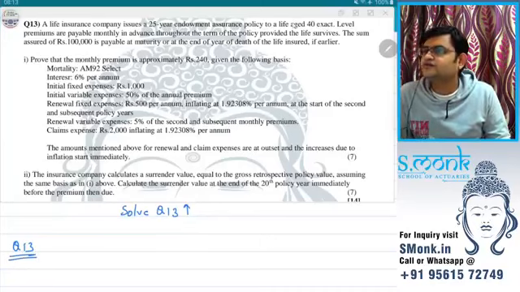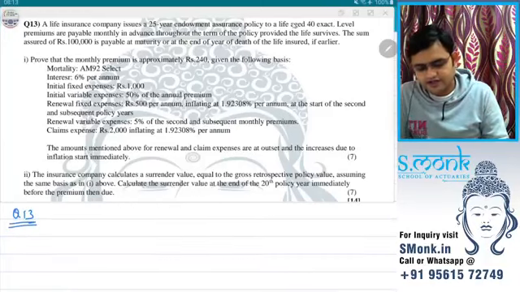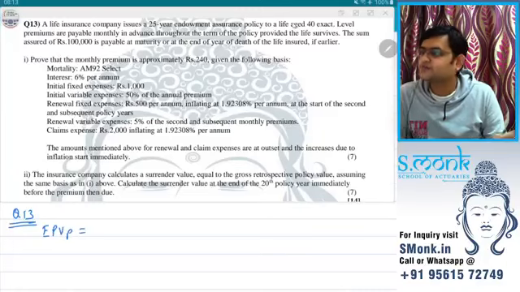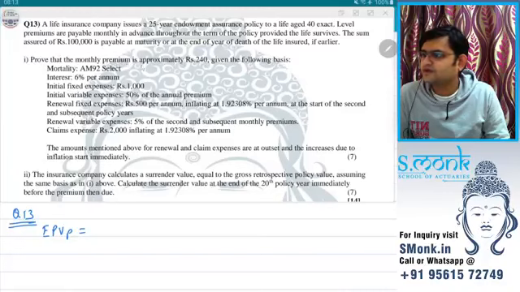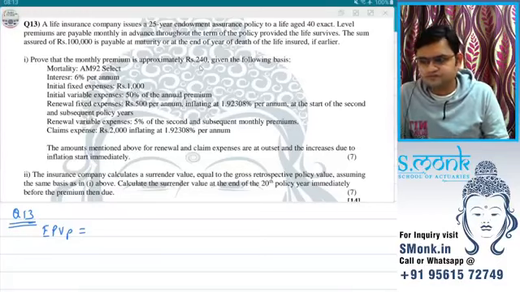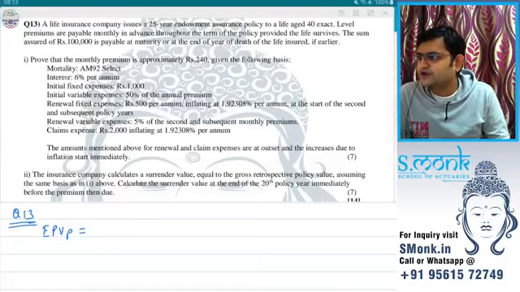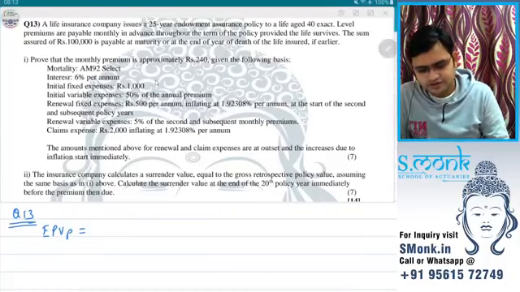So first, I will make the expected present value of premium. To calculate the premium, we have monthly premium 240. By default, we take premium in advance. We have select mortality, interest rate is 6%.